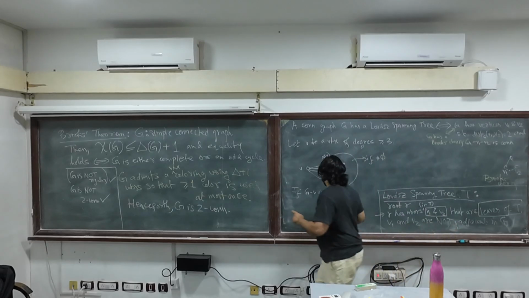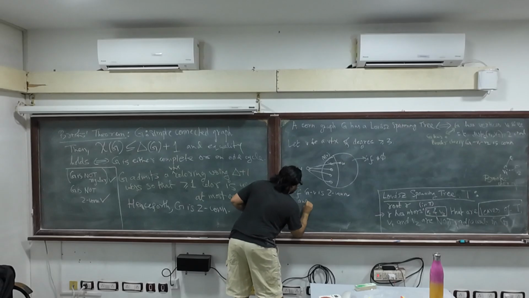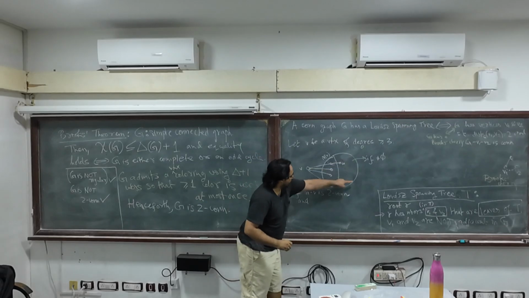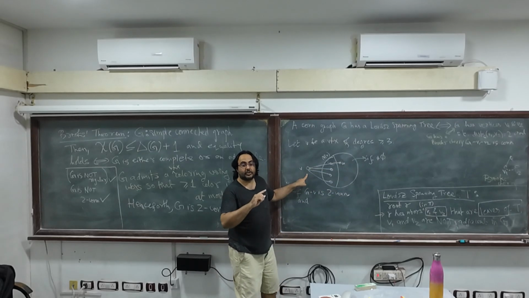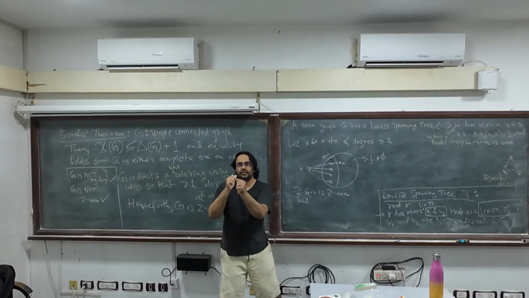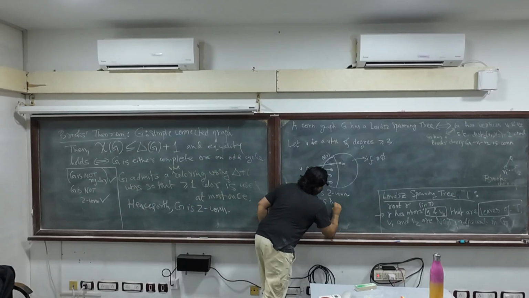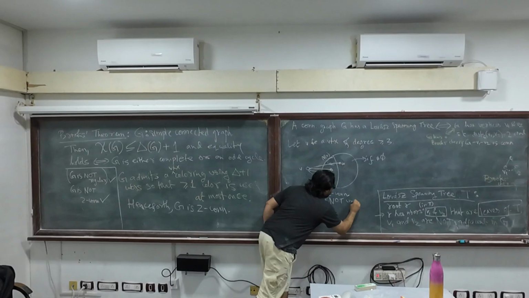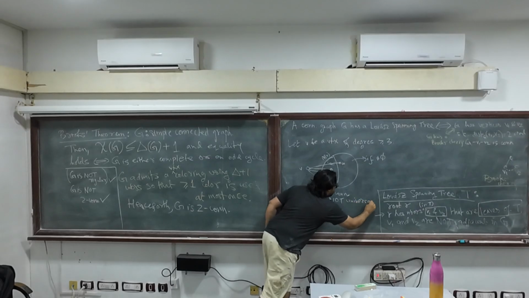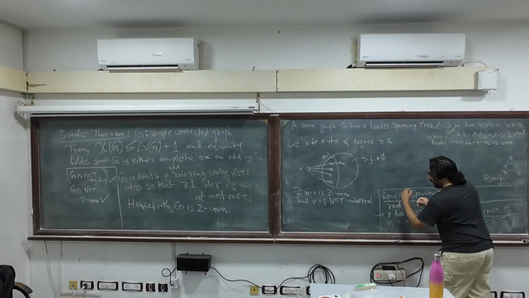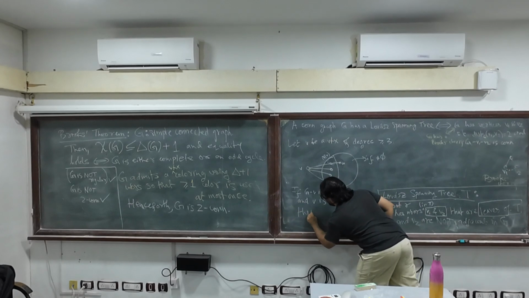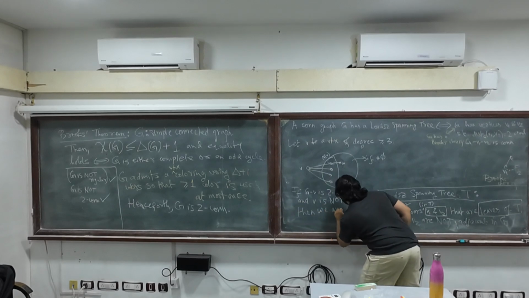So if G minus V is 2 connected and there is a vertex here, which means that V is not joined to everybody. A vertex that is joined to everybody is called a universal vertex. Okay? So V is not universal. That's basically this condition. Then we are done.